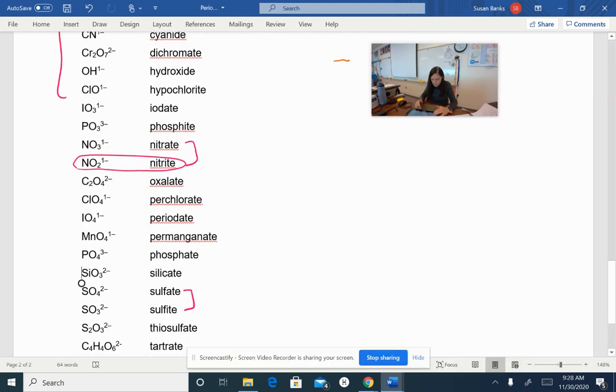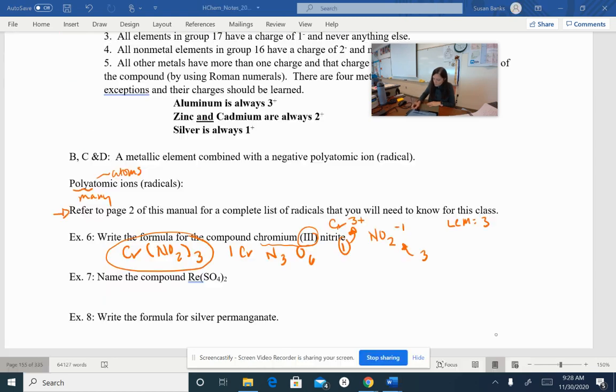If I look here, SO4 is sulfate, and it's a negative 2. So this is sulfate, SO4 negative 2. And I've got 2 of them. So that gives me a grand total of negative 4 for my negatives.